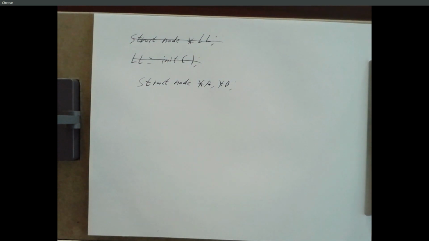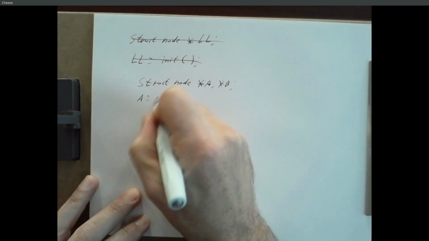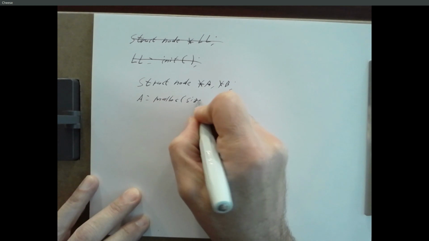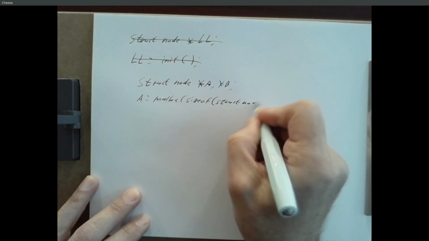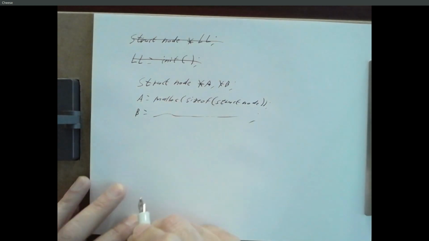So if I say A arrow next, I'm going to get a seg fault. So we have to actually have A pointing to somewhere in memory that holds a struct node. So you do your malloc. And how much space do we need? Whatever the size of a struct node is. And do the same thing with B.